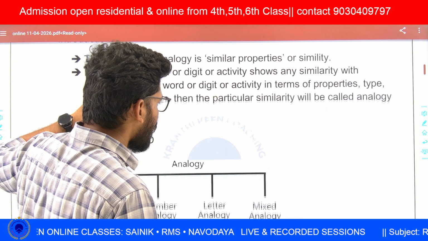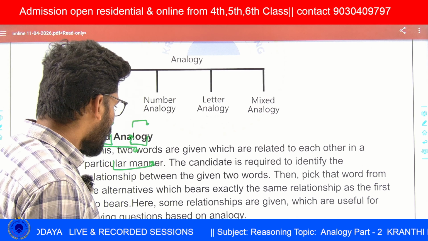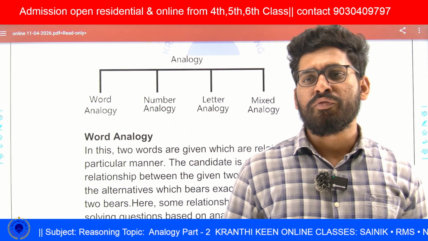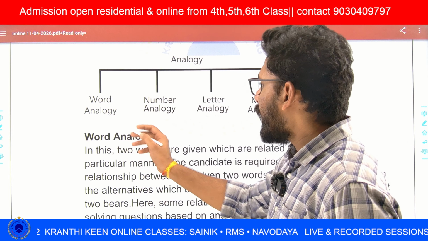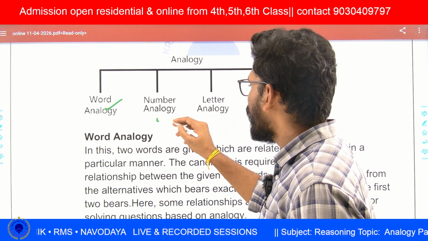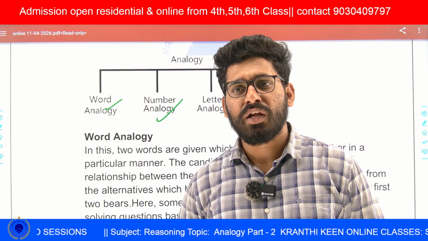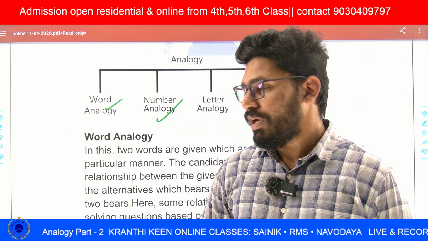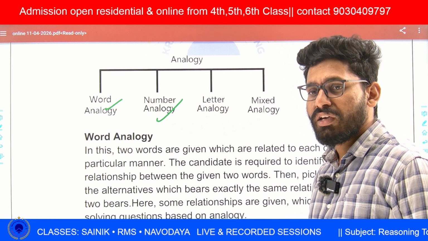I also explained that analogy is divided into types. There are five types, but one type is of non-verbal reasoning, and the others are of verbal reasoning. Word analogy is completely based on words. Number analogy is completely based on numbers. It means there may be a pair of numbers, we have to find the similarity, that is the relationship, and find the answer from the given alternatives.